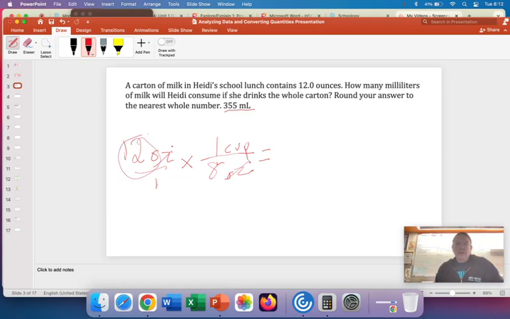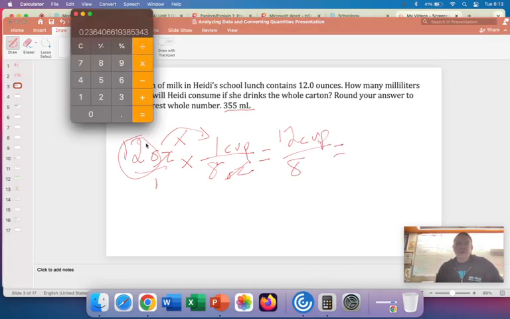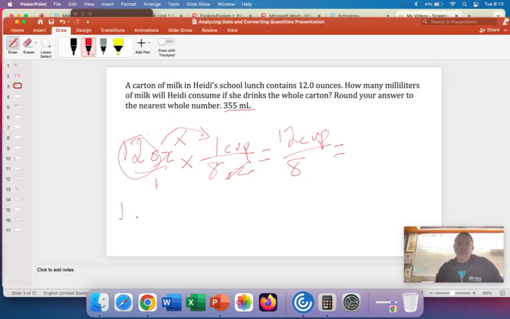We'll multiply 12 times 1, so 12 cups over 8 will be our answer. We just do 12 divided by 8. Now we divide. We get 1.5 cups.